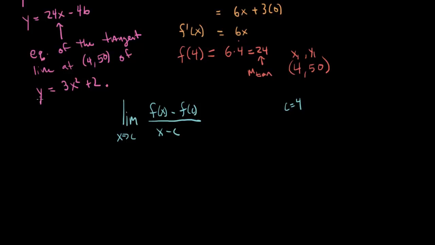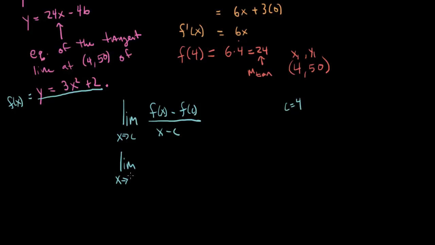Okay, and now remember, there is f of x. So here, if we evaluate this limit as x approaches c, that should get us 24, that one particular slope. Let's see what happens. Let's substitute in. Limit as x approaches c. Oh, you know what? c here equals 4.